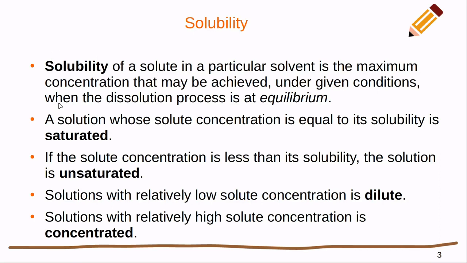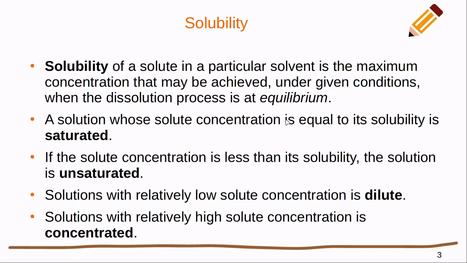This is when the dissolution process that we've been talking about is at equilibrium, meaning that an equal amount of the solute is moving into the solvent and dissolving, as is coming out of the solvent and back into the solute phase.